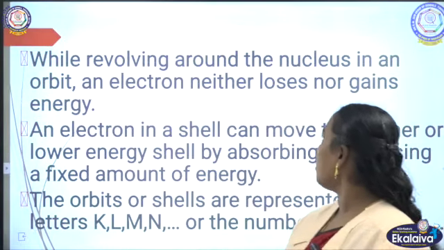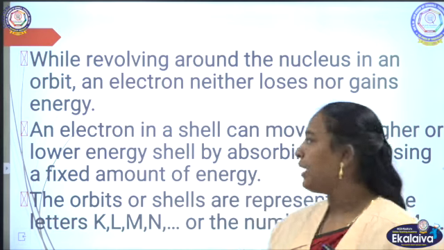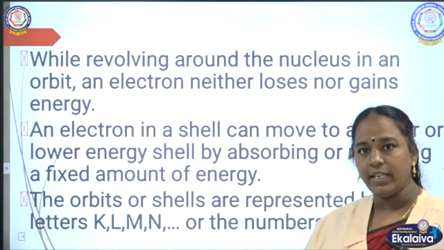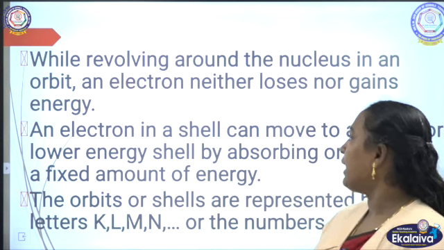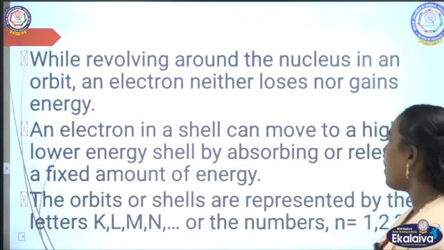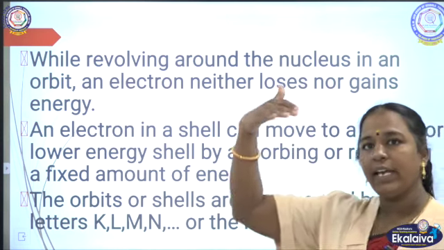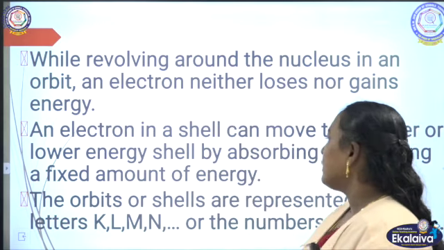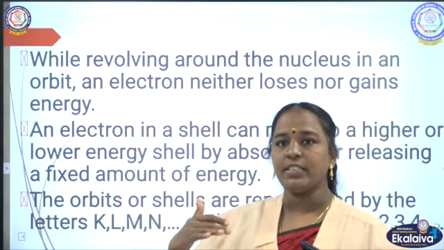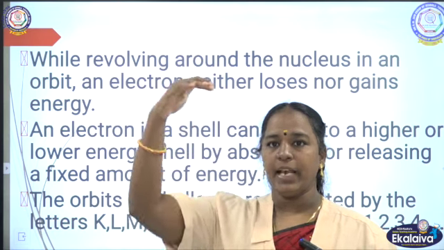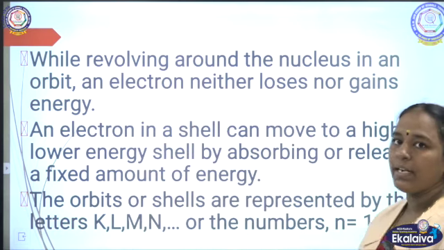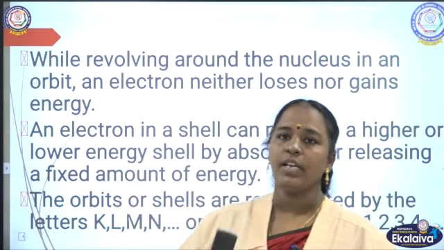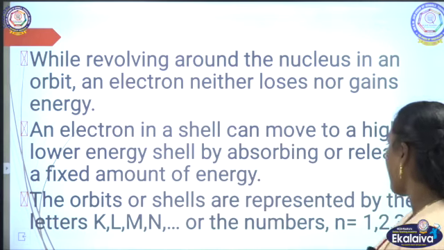While revolving around the nucleus in an orbit, an electron may lose energy or gain energy. An electron can move to a higher or lower energy shell. He fixed the orbit names K, L, M, N: K shell is equal to 1, L shell is equal to 2.